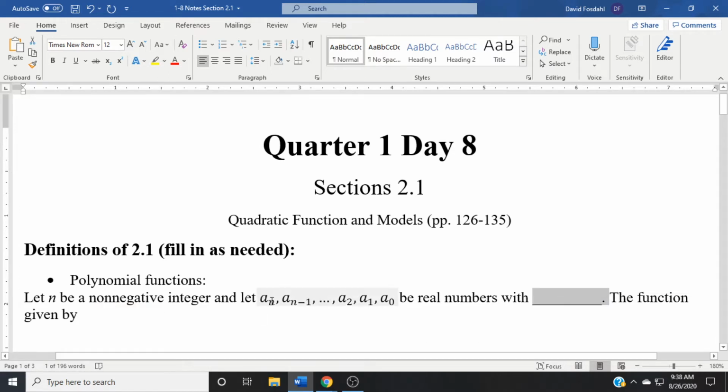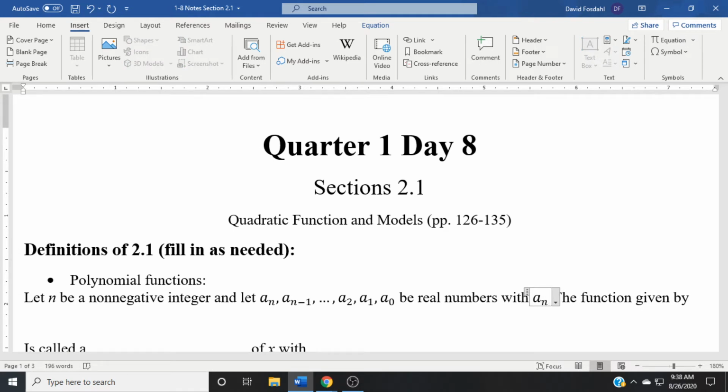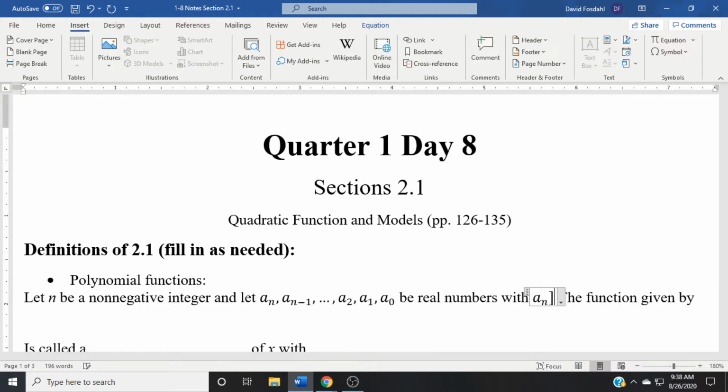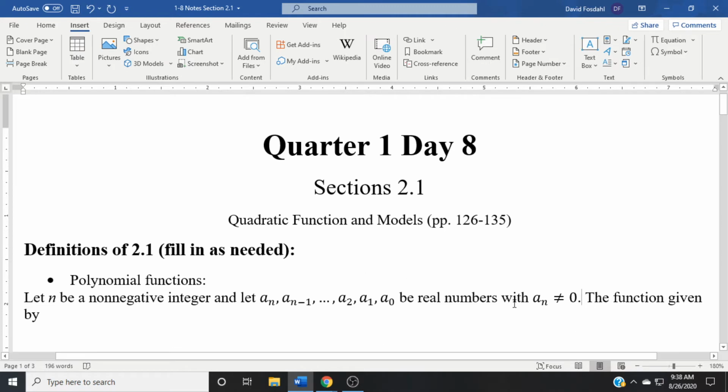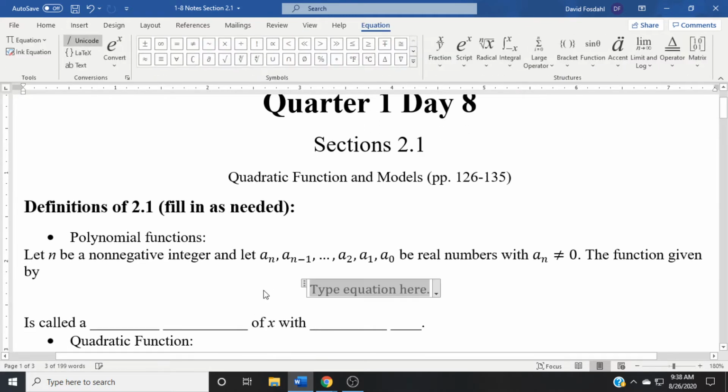And let a sub n, a sub n minus 1, and so on to a sub 0 be real numbers with a crucial thing: a sub n cannot equal 0. It can't equal 0, because if a sub n equals 0, the whole thing falls apart. The function is given by, okay, this is our polynomial. So it is in the book, if you want to write it.